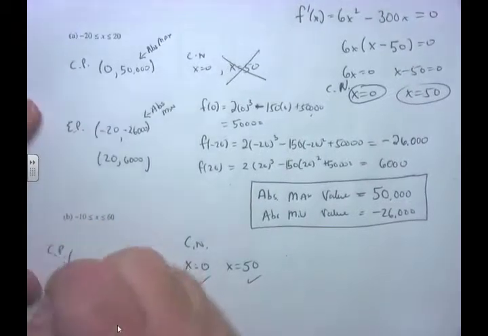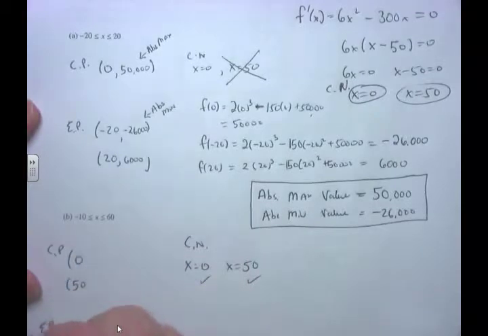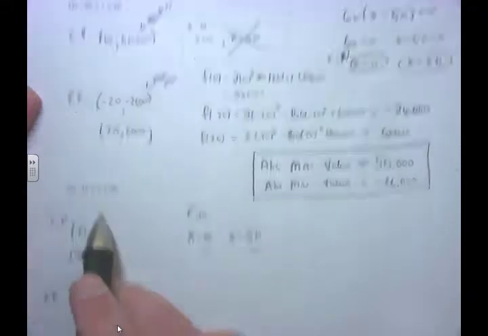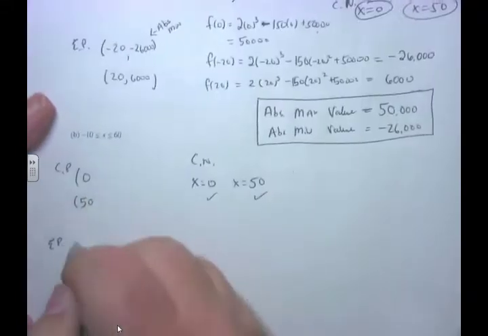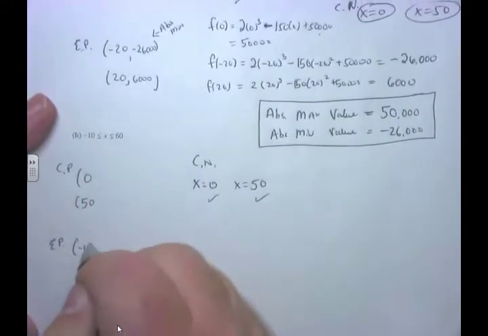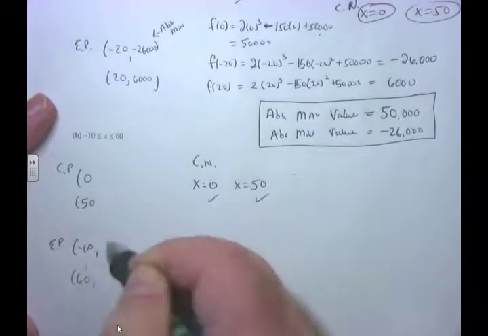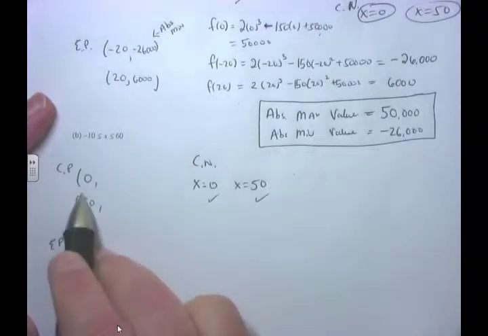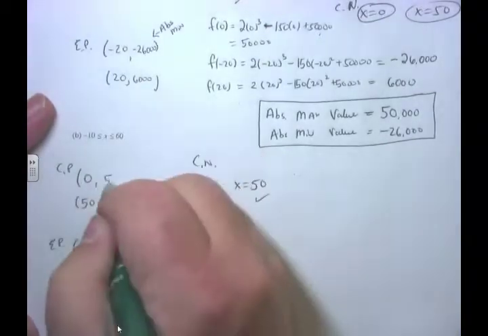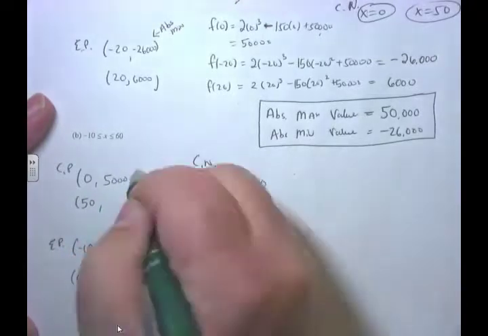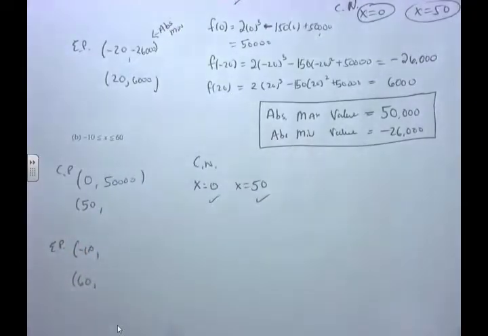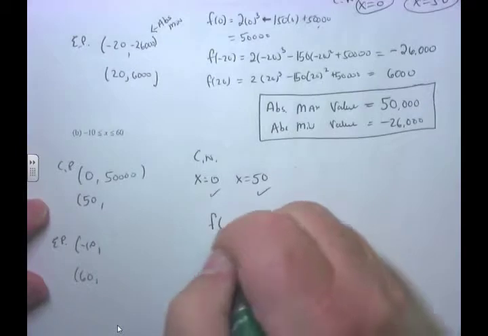So now I'm going to go for the CPs, 0, 50, and then I got to go for the EPs, endpoints. My endpoints on this thing are negative 10 and 60. You with me? I've already done 0. When I plugged in 0, I got 50,000. But the rest of them I'm going to have to plug in. So here we go.